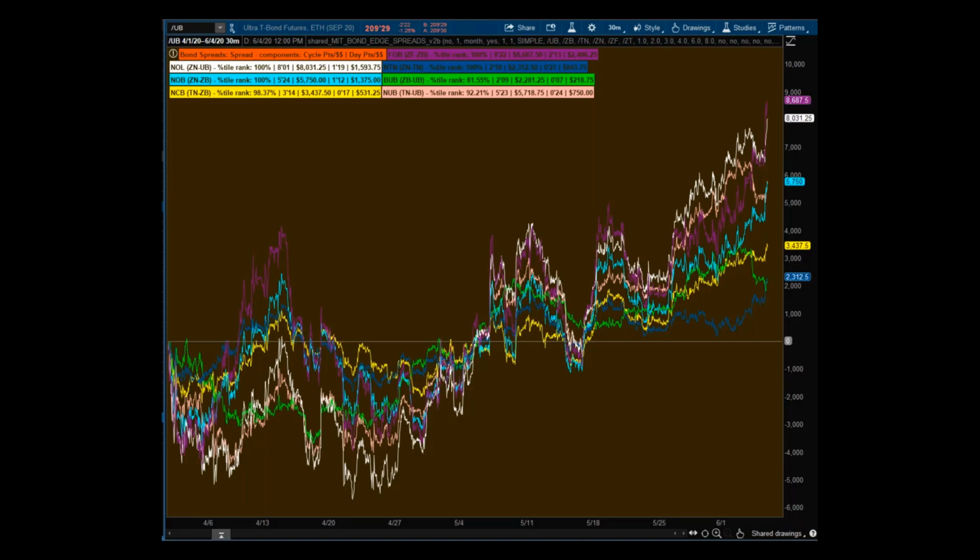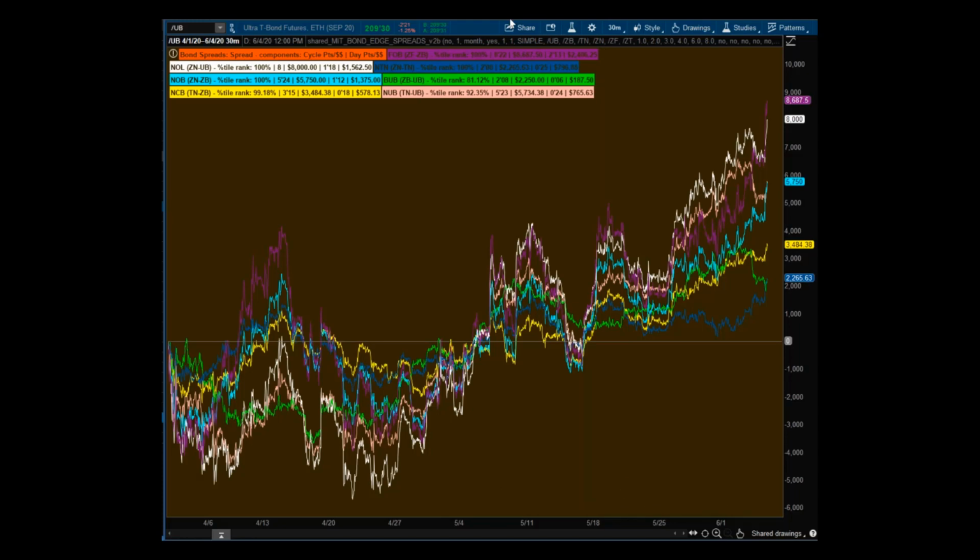If I go back further, we're going to get all that garbage from when the VIX spiked in March, which makes the data really difficult to look at. So what I was trying to do is grab enough data without that crazy volatility that we had back in March.